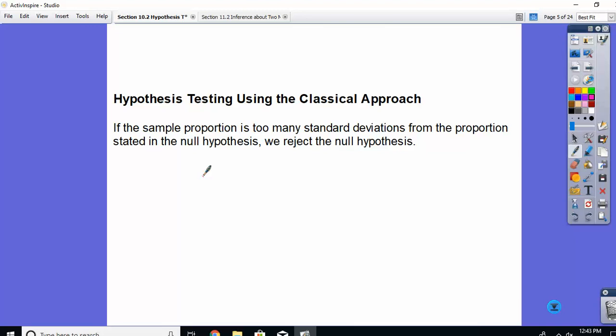Basically, this one is measuring in terms of standard deviations. If your sample proportion, p hat, is too many standard deviations from the one in the null, we reject. If you think about a normal curve, here is your mean, and then we've got your mean plus 1 standard deviation, and your mean minus 1 standard deviation.